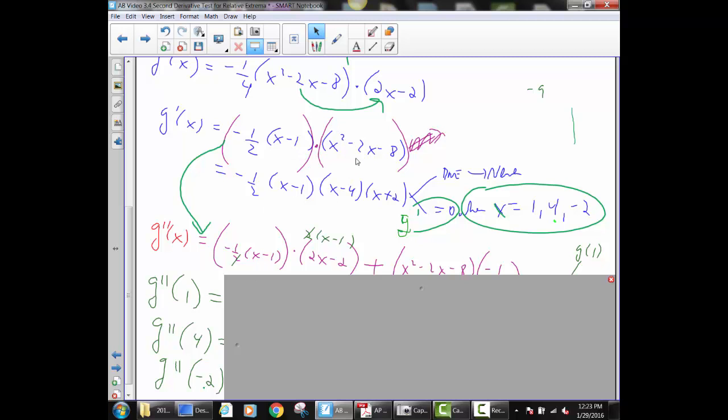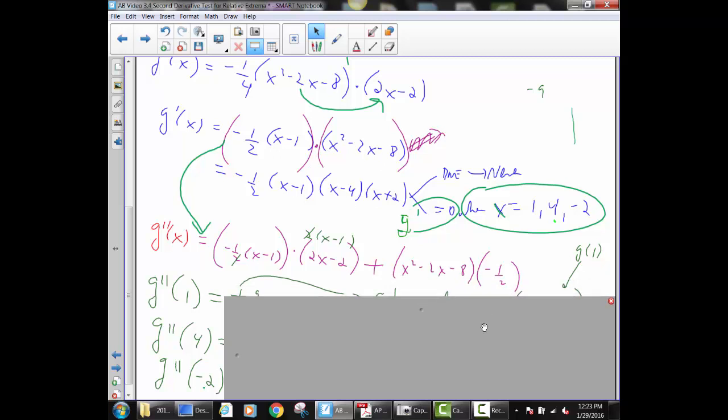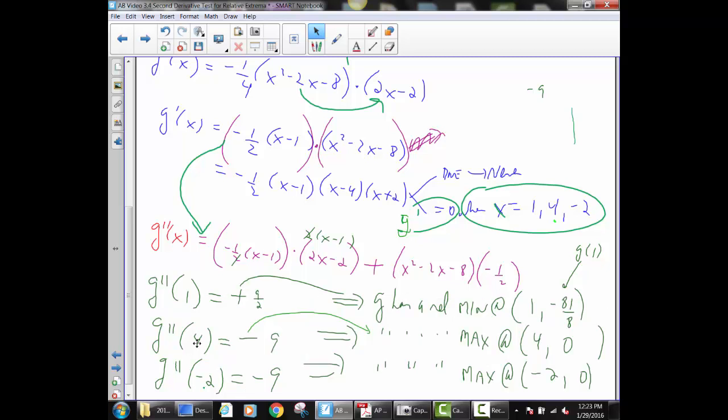So it's first factor times derivative of second factor plus second factor times derivative of the first factor. You don't need to simplify that, because now you're going to replace those x's by 1, by 4, and by negative 2, which are the three critical numbers that make the first derivative equal to 0. And when you plug those numbers into the second derivative, you'll get 9/4, negative 9, negative 9.